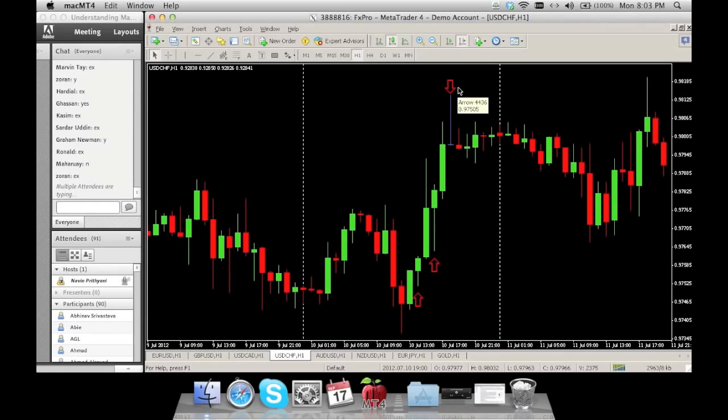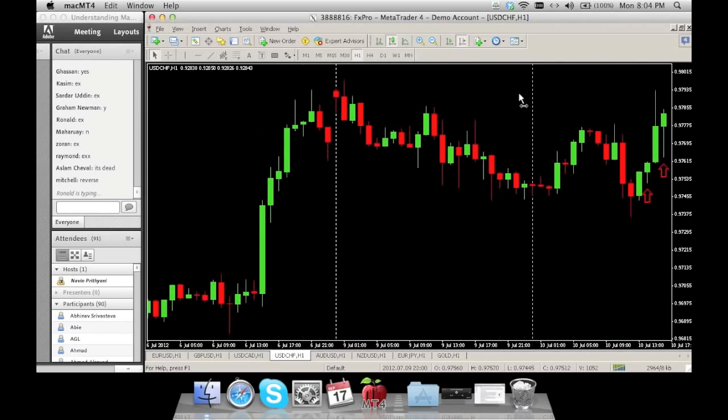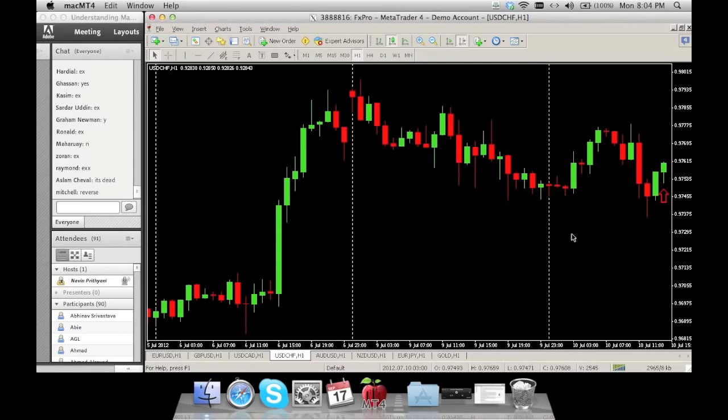Okay, a lot of you guys are saying exhaustion, exhaustion, exhaustion. Okay, so here's what we're doing wrong here. We're looking at the market outside of the candle. Remember, when you point to a particular candle, imagine you haven't seen the next market.